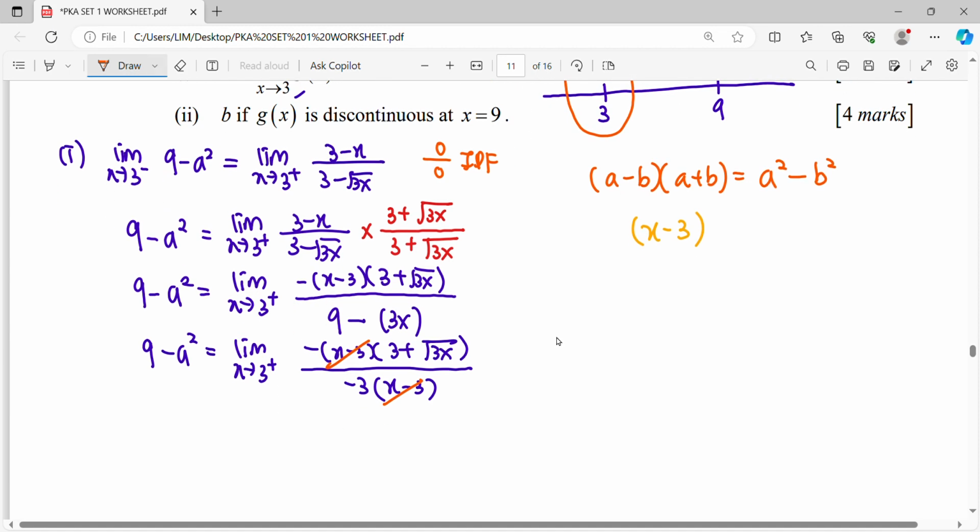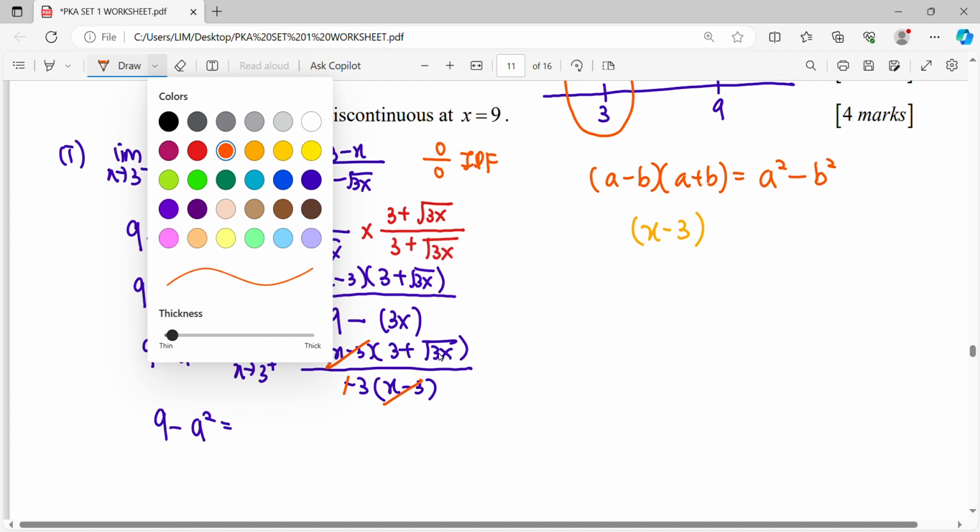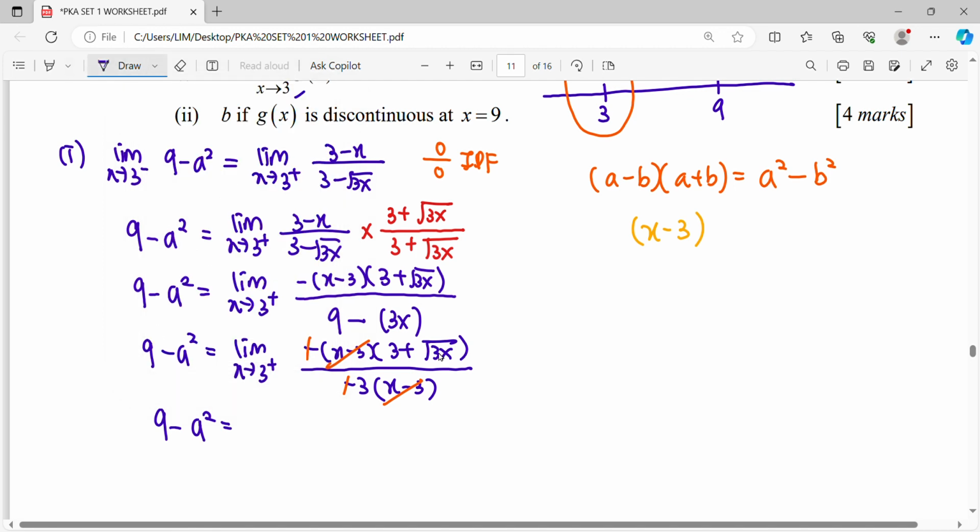So substitute your x as 3, and then the negative we can also simplify. So why not we just simplify straight away? Substitute your 3, here will be (3 plus 3) over 3, giving 9. Now solve your quadratic for a.